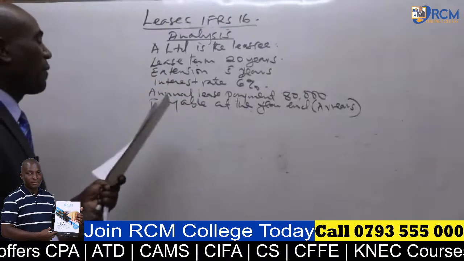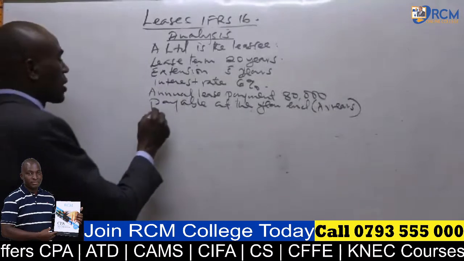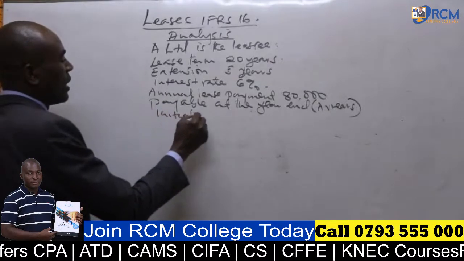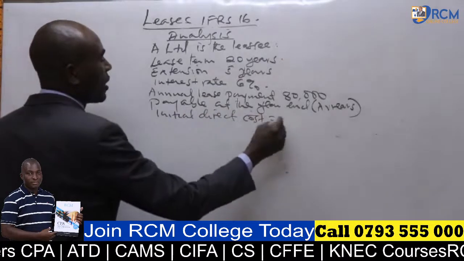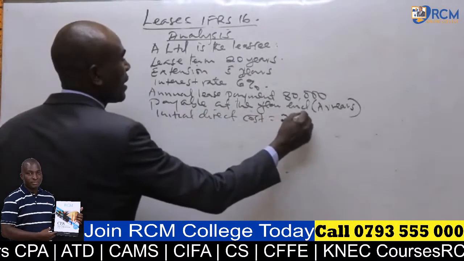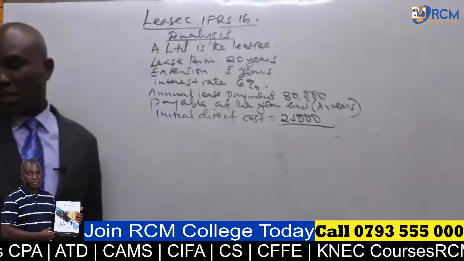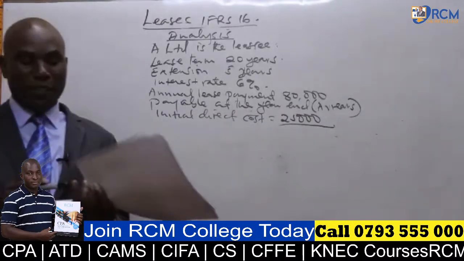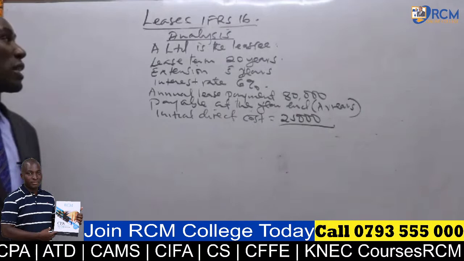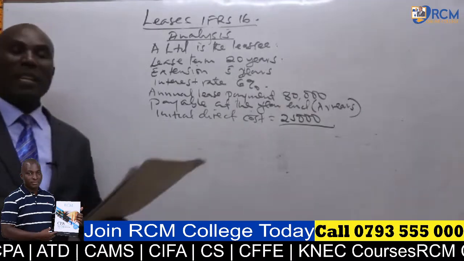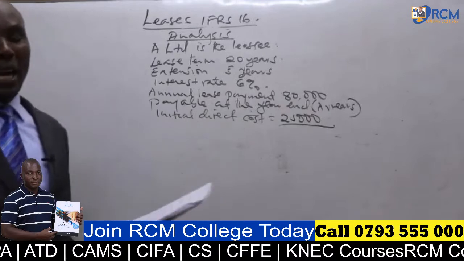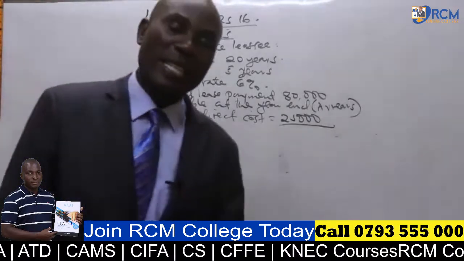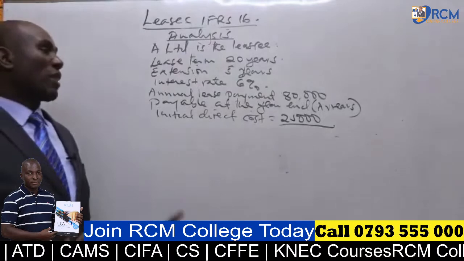Then we also have initial direct cost, which equals 25,000. Required: show how A Limited will account for the above lease transaction.